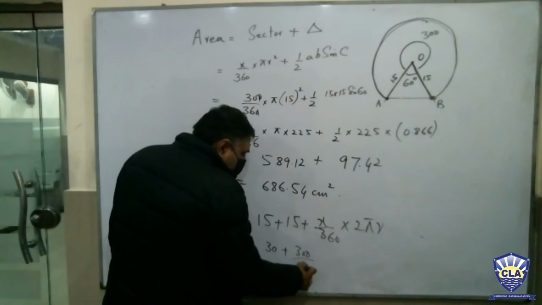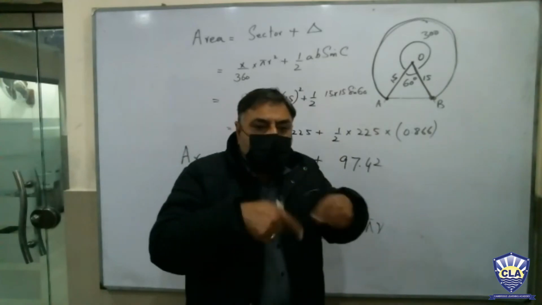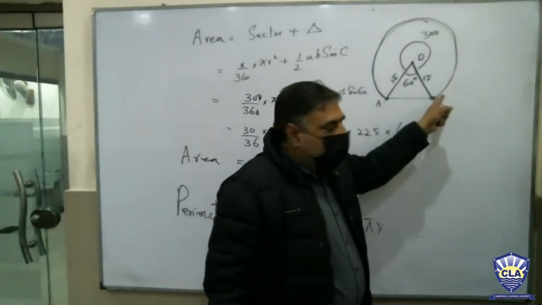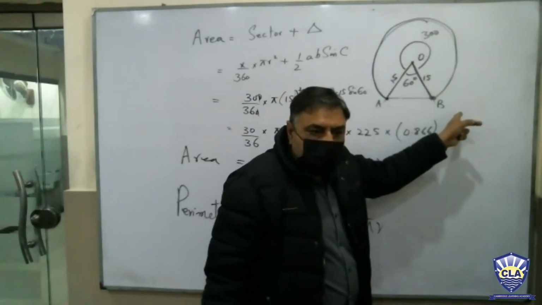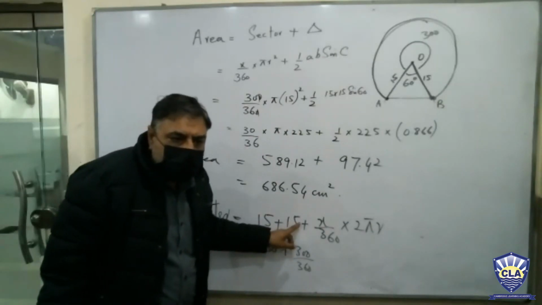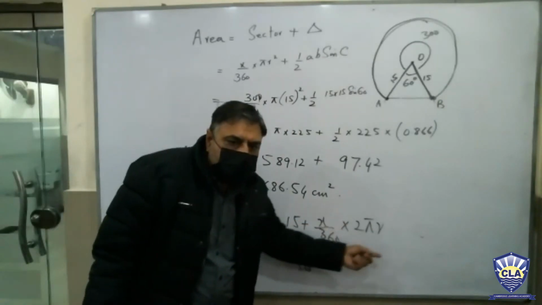Can you explain the perimeter again? Yeah, perimeter is the outline of the major segment. Outline is length of arc plus radius. 15 plus radius plus length of arc.